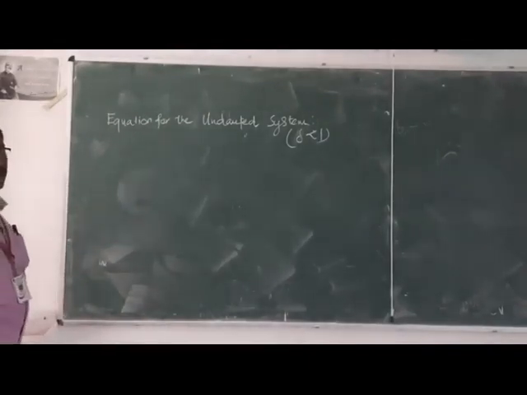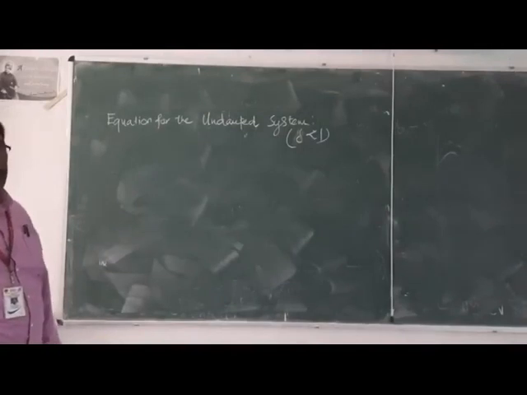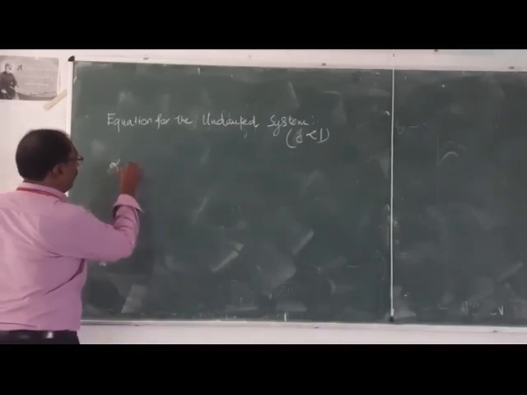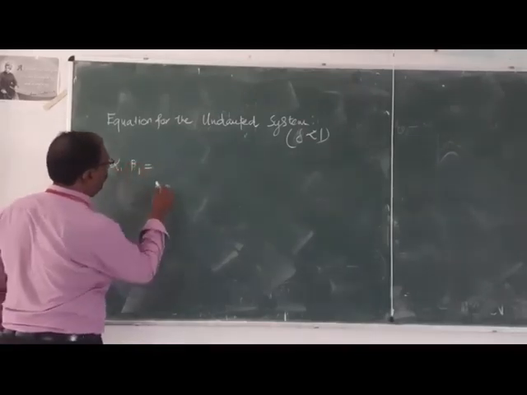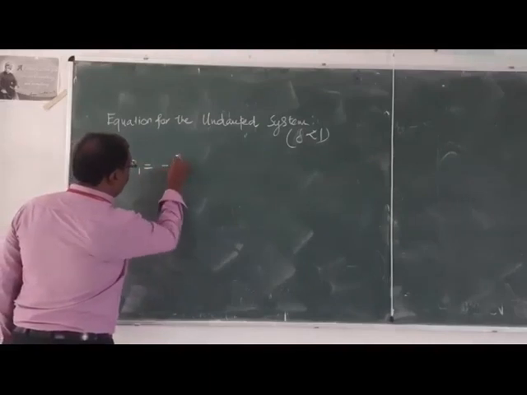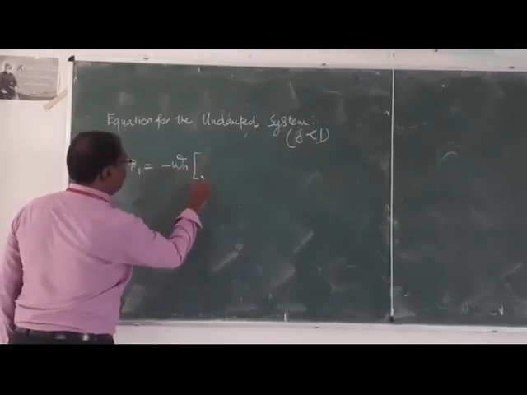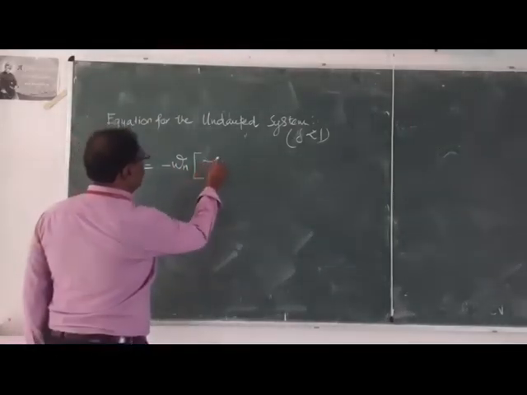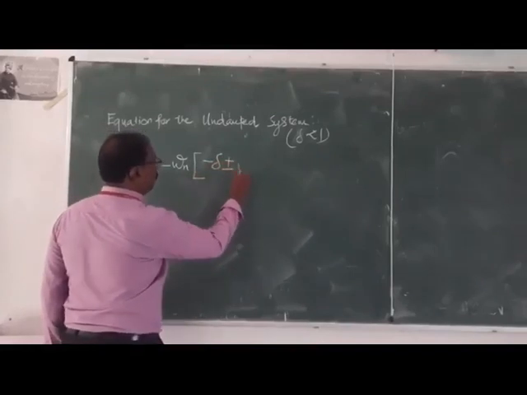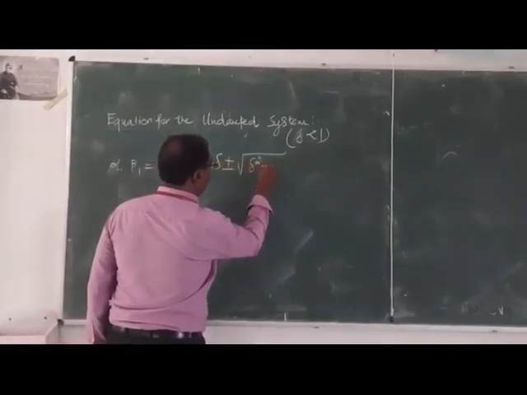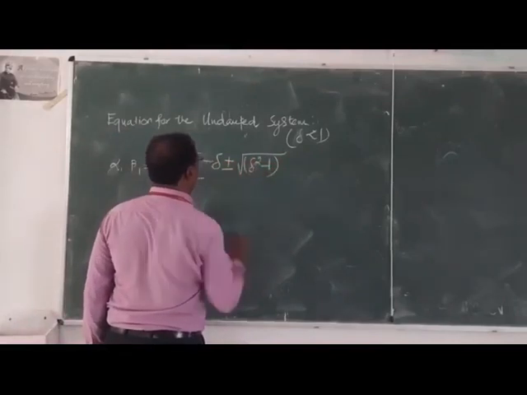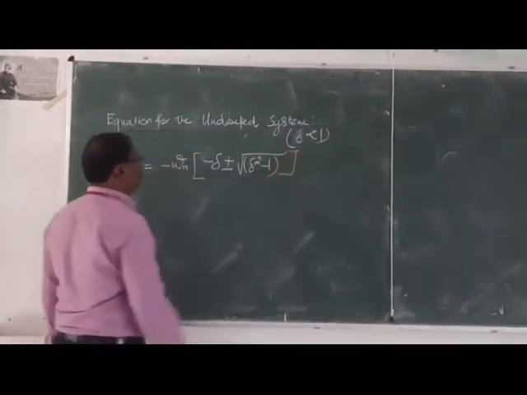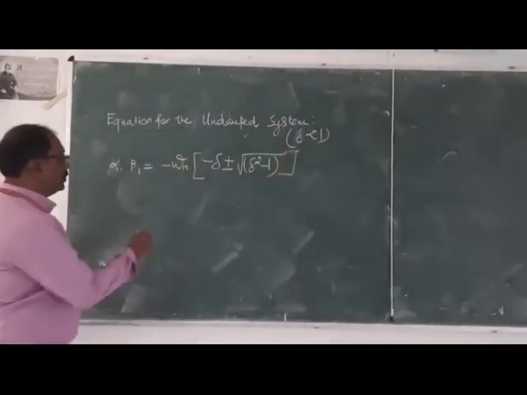We are taking from the overdamping system equation alpha 1 and beta 1 equal to minus omega n, and this is the equation for this.